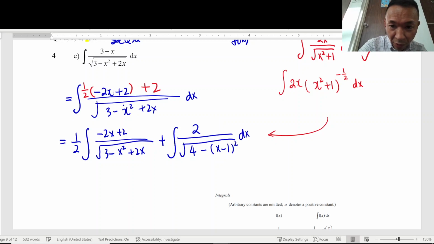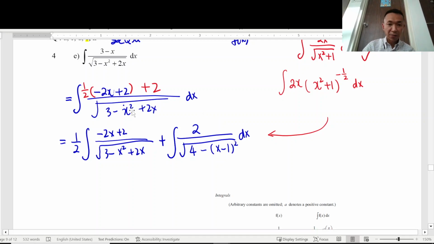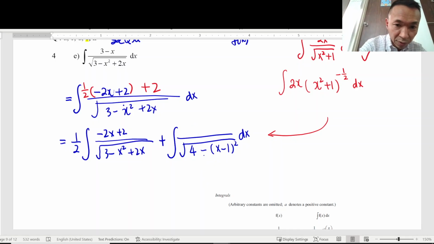Now you go and verify whether I complete square correctly, but from here to here, I just complete square. All right. In fact, I want to make it a little bit simpler. My 2, I want to bring out. I want to put my 2 here.